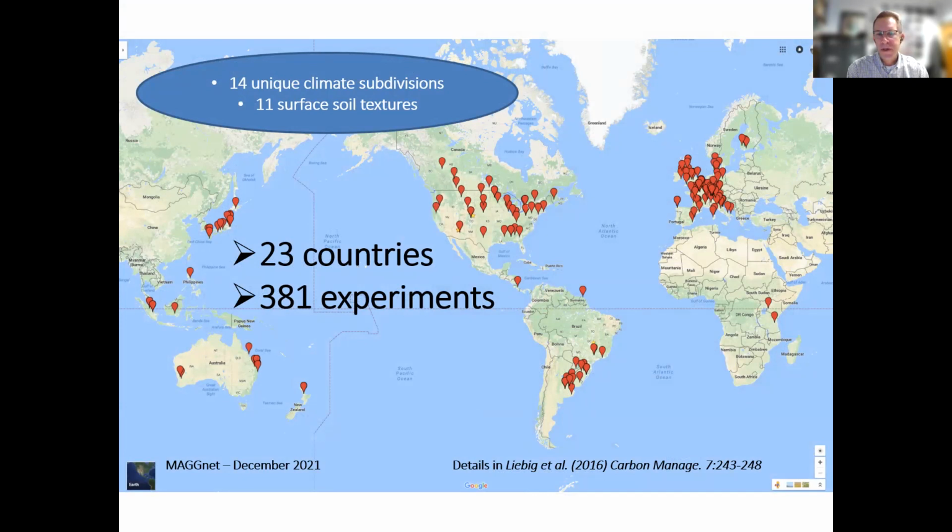Through the first about 4 years of the network, we gathered what we had and shared it within a short publication in Carbon Management. If you're interested in how the project evolved early on, I encourage you to take a look at that paper. We had a lot of really valuable contributions to make that paper happen.